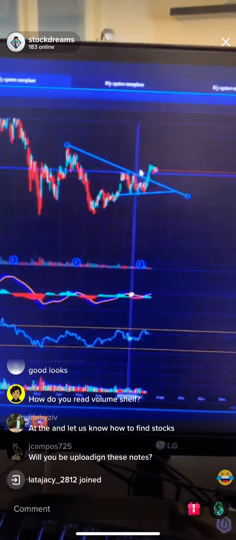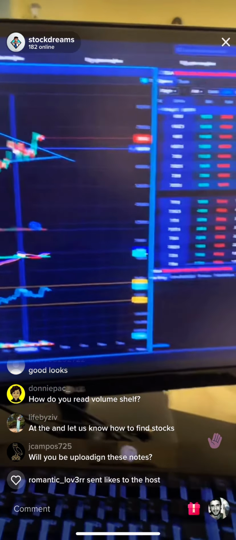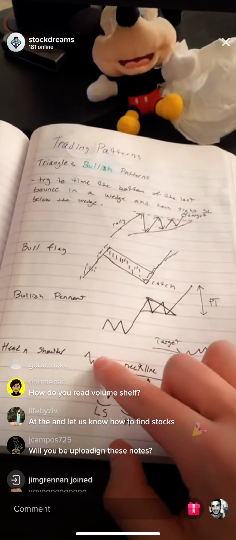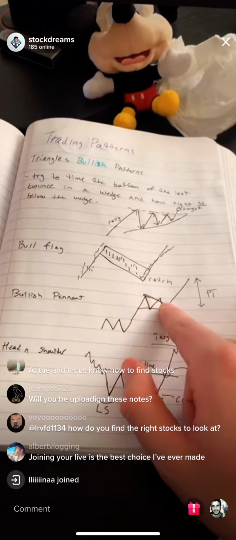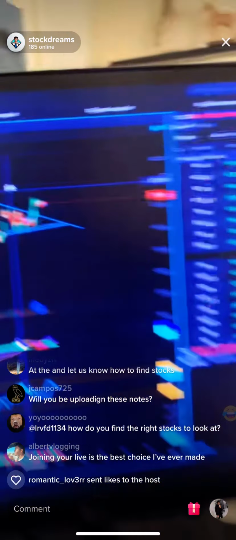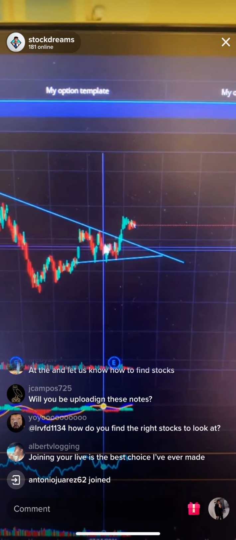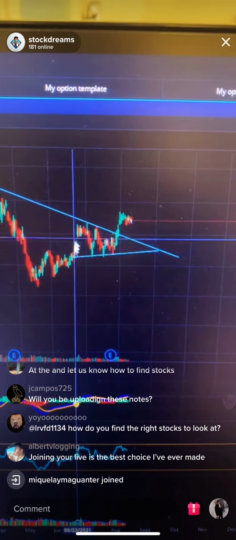Boom. So this right here is what we call a bullish pennant. What we see is an uptrend and a pennant-like formation. So what do we see here? We see an uptrend, and now we see a perfect bullish pennant right here.